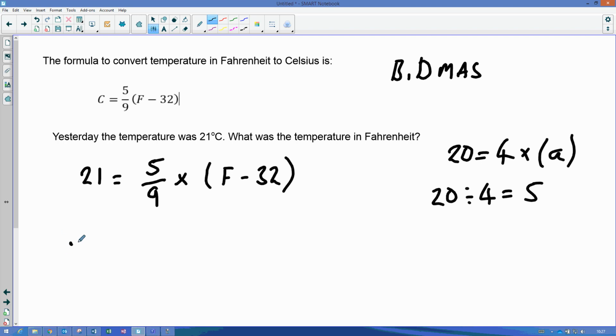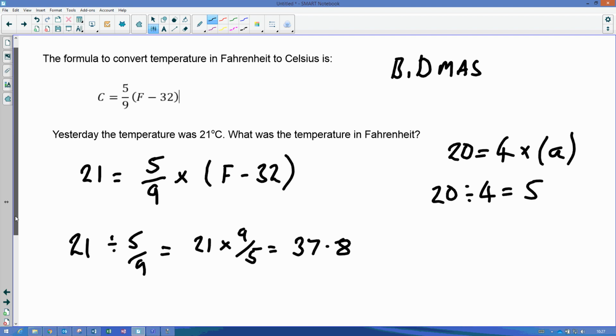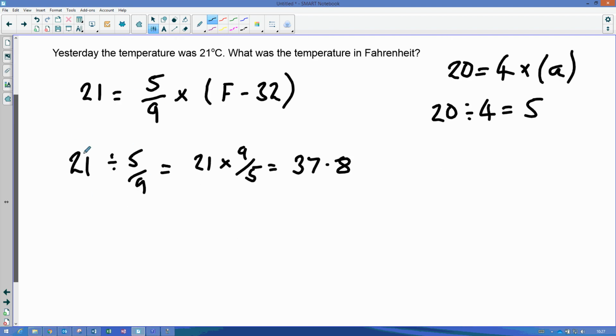So if I do the same thing over here, 21 divided by 5/9, that will tell me what this bracket needs to be equal to. Now, if you remember, to divide by a fraction, we multiply by the fraction the other way up. And if we work that out on our calculator, we get an answer of 37.8.